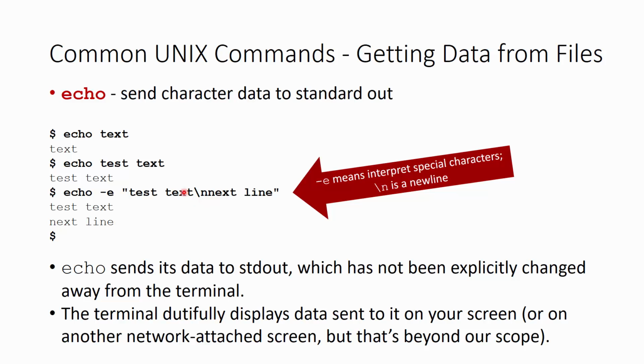It's displayed as a line feed carriage return new line thing, as you can see here, but in the actual file, in the actual characters that are stored, new line is a character, just like an A is, just like a Q is. Okay, so with the -e, I can interpret that \n as a new line, so my output is what I expect. So echo sends all its data to standard out, and since standard out hasn't been changed away from the terminal, all of the data goes to the terminal.